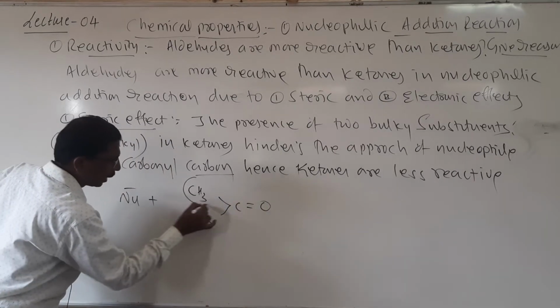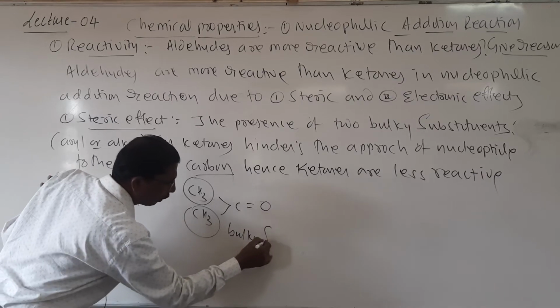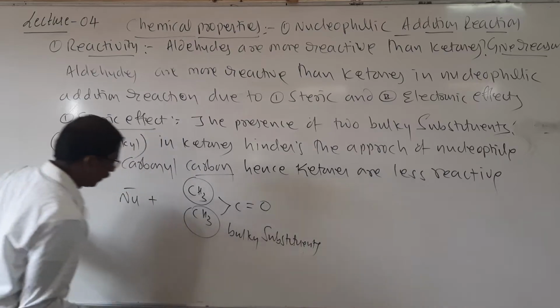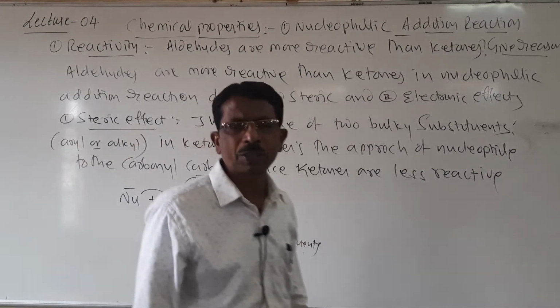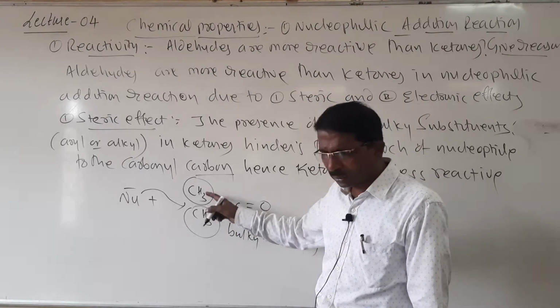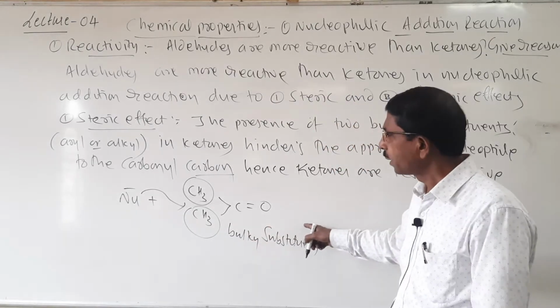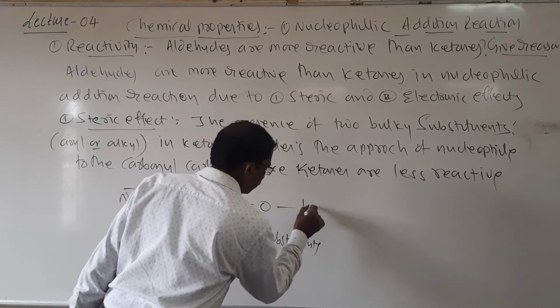Look here, these are the bulky groups, bulky substituents, and the nucleophile does not easily approach. Due to the presence of these two bulky groups it is hindered, and therefore students, these are less reactive.